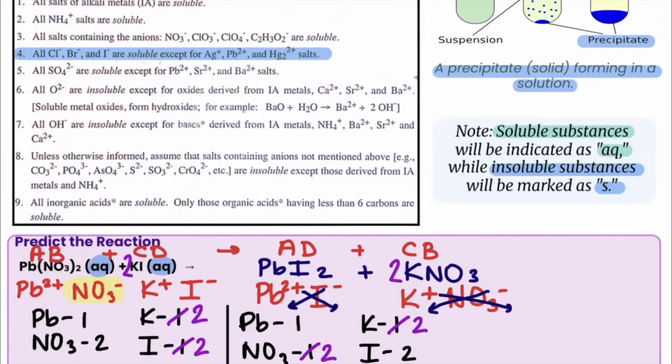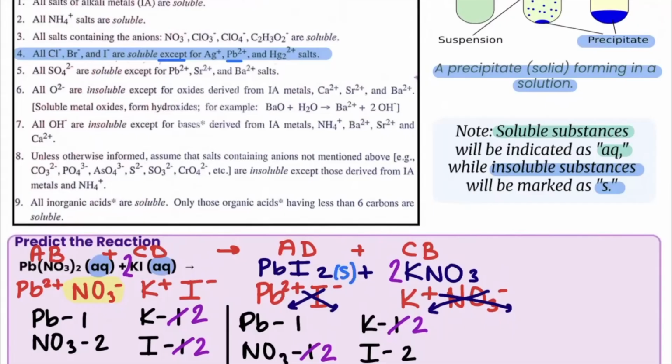Because that's what it means to be soluble. But there's an exception. They say that yes, it's soluble, except when it's bound to silver, lead, or mercury salts. And the lead here specifically has a +2 charge, which is exactly the charge of ours. So it's not soluble. It's not aqueous, so we have to write the solid symbol.